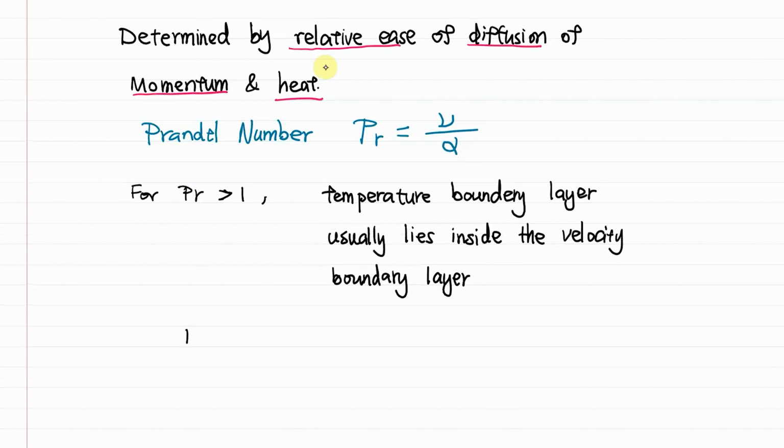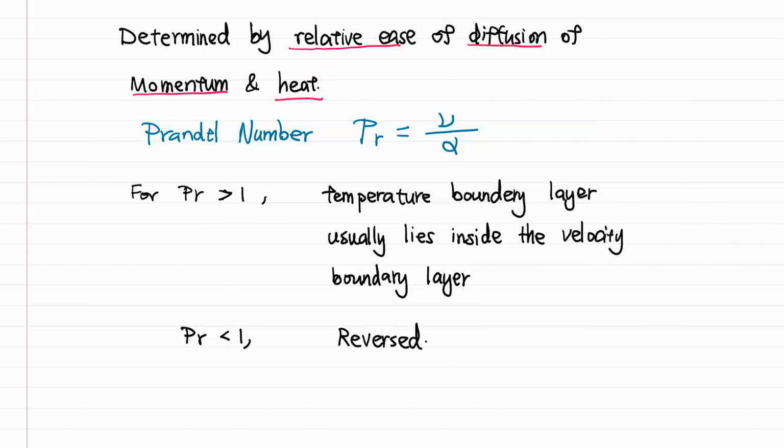For Prandtl number smaller than 1, the relation would be reversed. Okay, so that means when momentum diffuses faster than the thermal diffusion, then the temperature boundary layer will lie inside the velocity boundary layer because it does not penetrate that far.